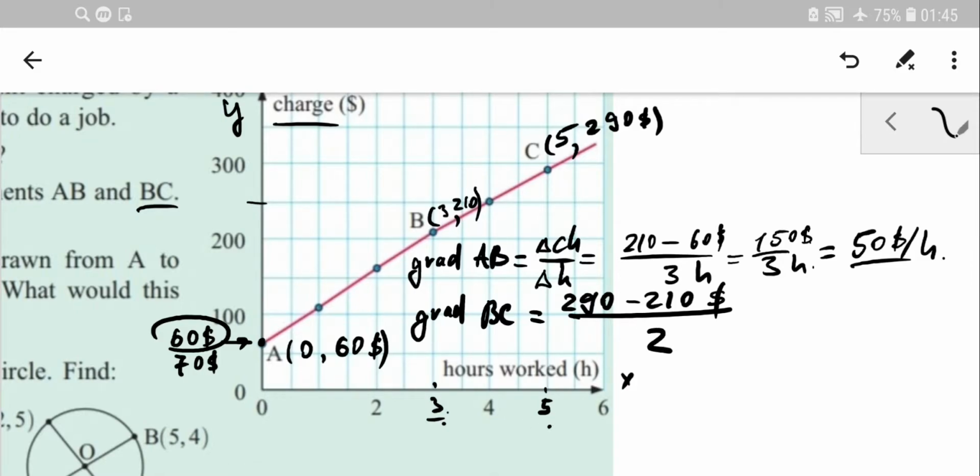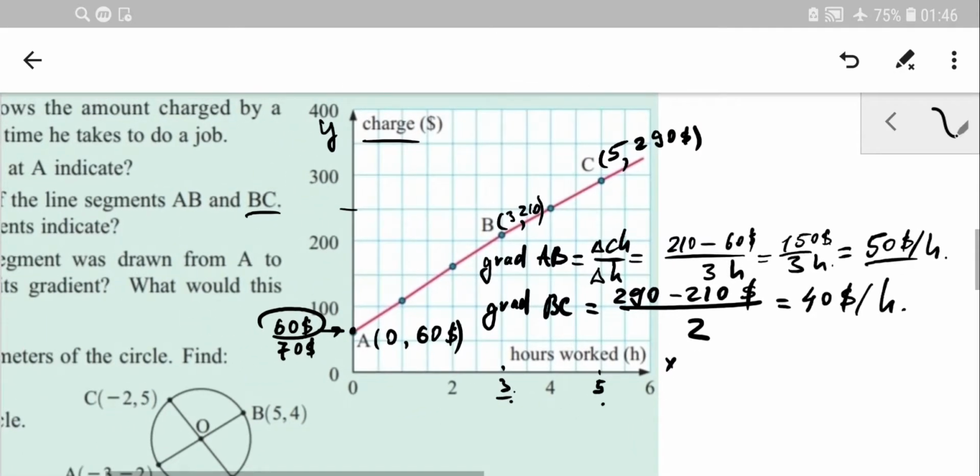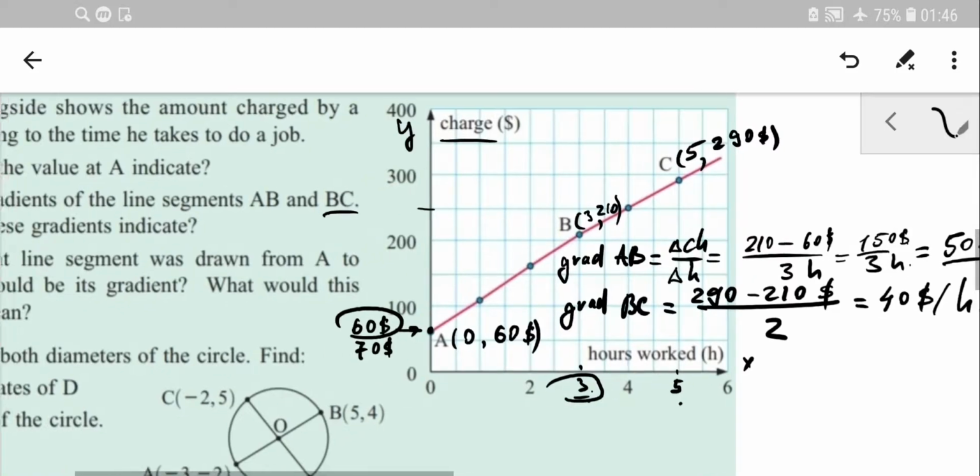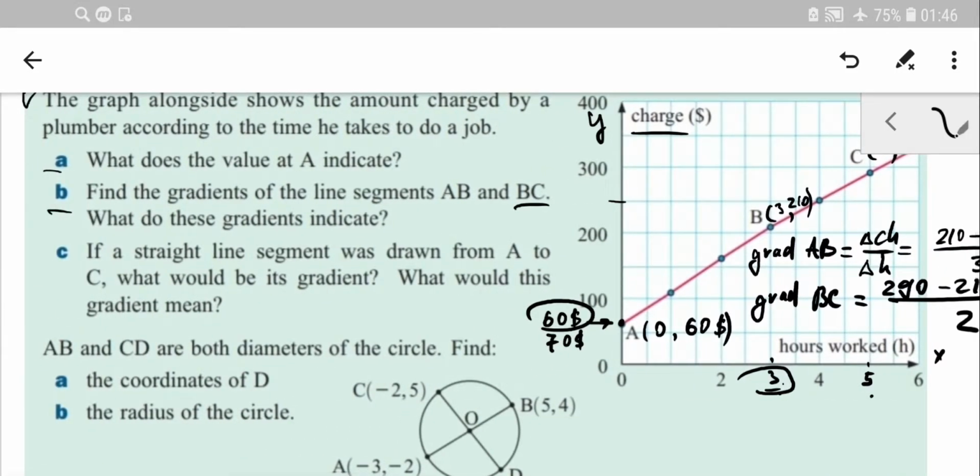So 80 over 2 is $40, and indeed this charge per hour is less. Logically, after working for 3 hours, for each next hour he charges less. That's fair. That's how loyalty for clients actually works.